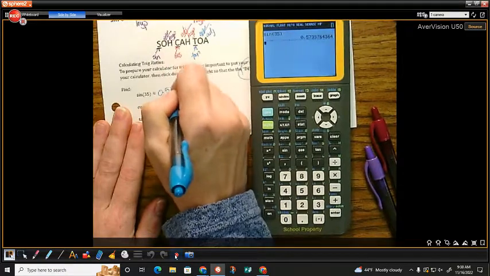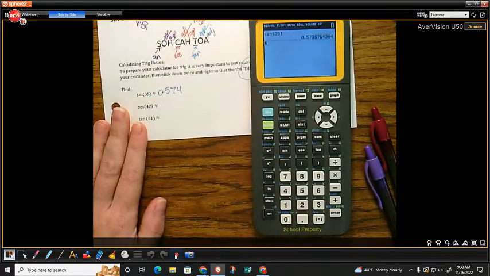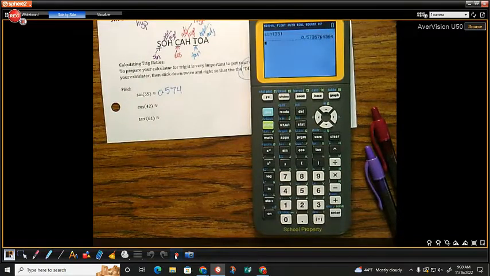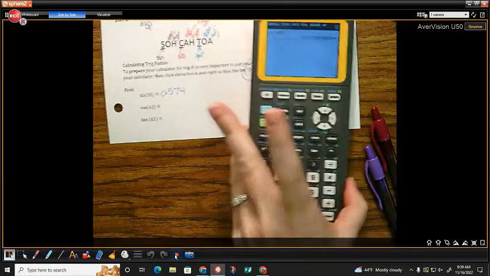Do you have to put the 0? No, actually, you could leave that off. What units do you put? None. No units, because it's a ratio of two of the same thing, so the units cancel out. There are no units on trig.